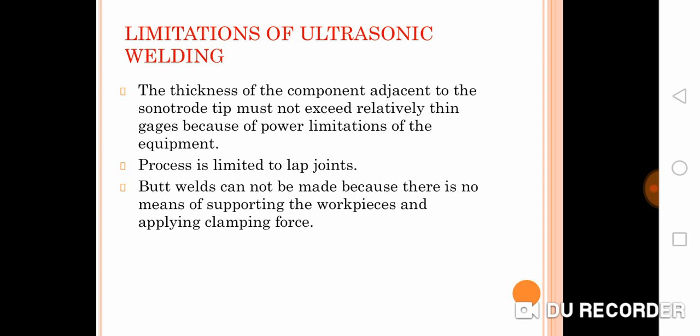If you are going in the case of butt welds, the supporting will be a problem. As we discussed in the previous slides, proper supporting and clamping force is very important in the case of ultrasonic welding. That will not be possible in the case of butt welds. That is why ultrasonic welding is difficult for the butt configuration.